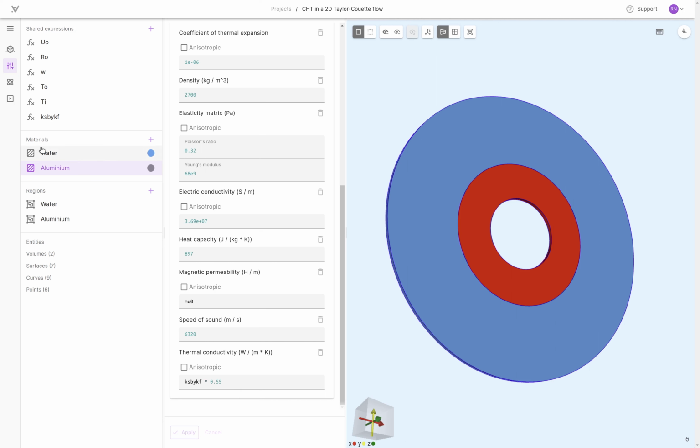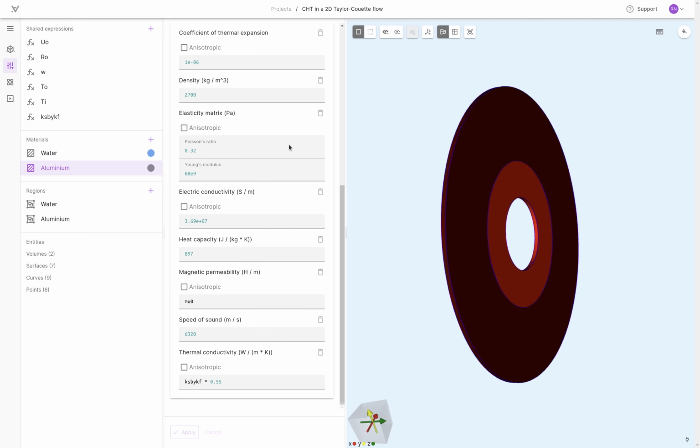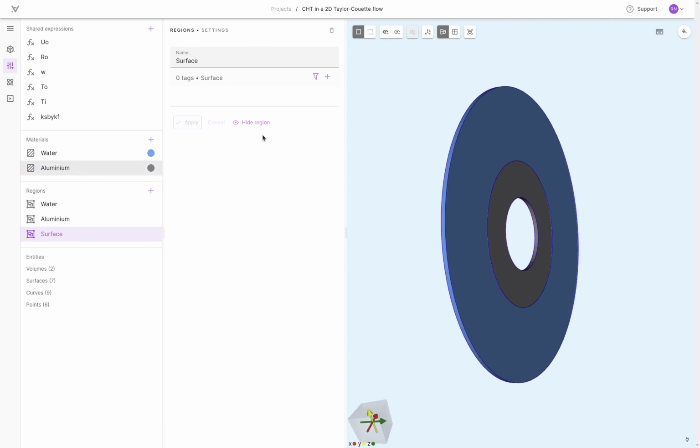We see that the water and aluminium regions are automatically generated once we define the materials and select the appropriate regions. In addition to these two regions, we also need to define some other regions where we apply the boundary conditions. We'll start with the outer surface.